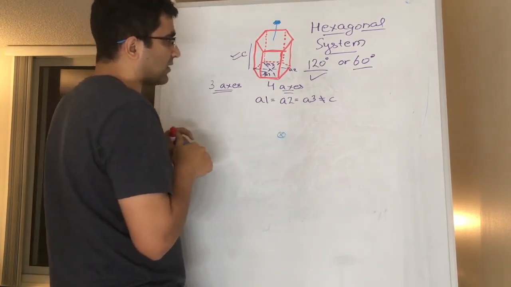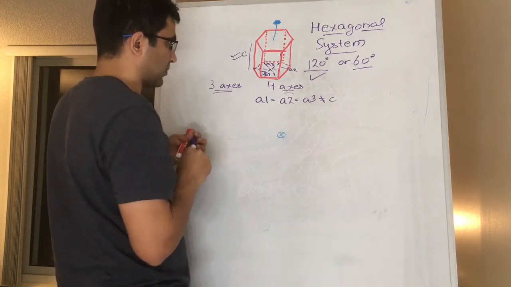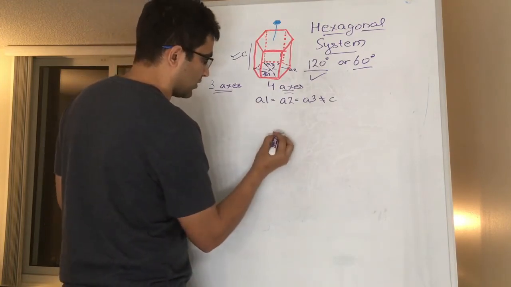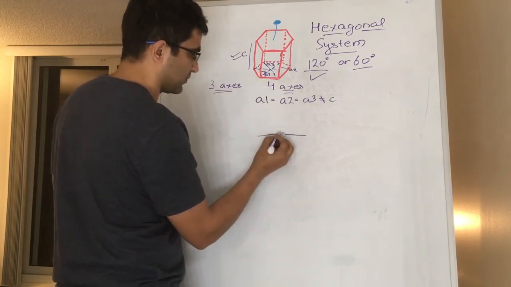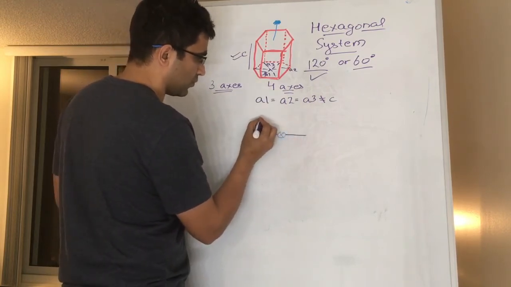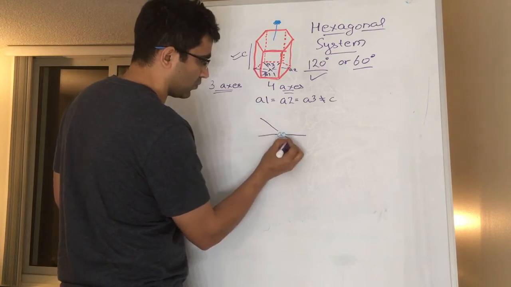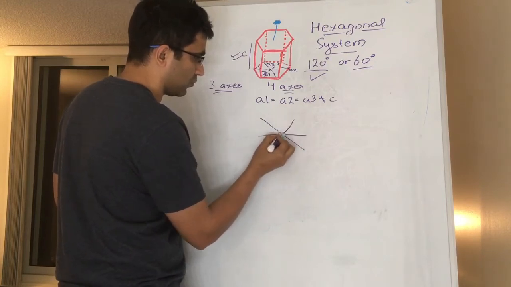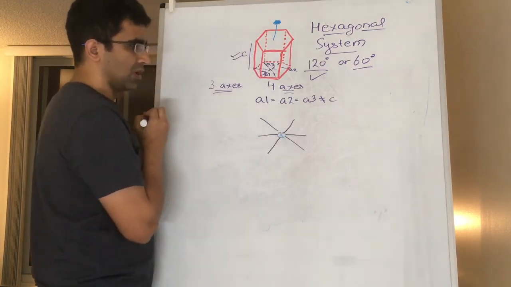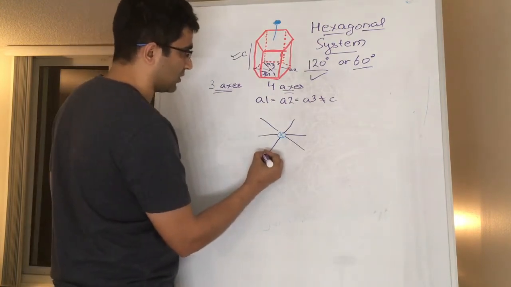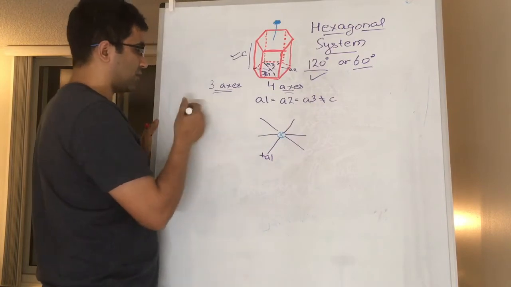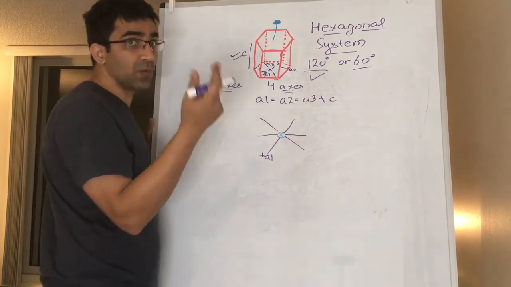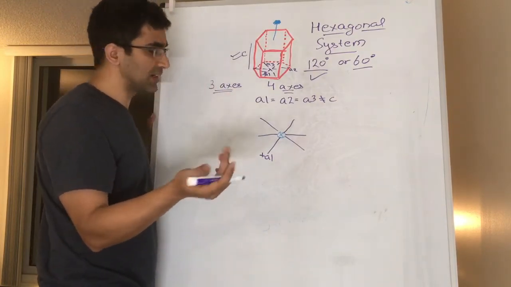The other 3 axes, A1, A2, A3, I will draw like this. Here I will draw plus A1. This is important: whenever you have an axis, you need to define on which side it is plus and on which side it is negative.